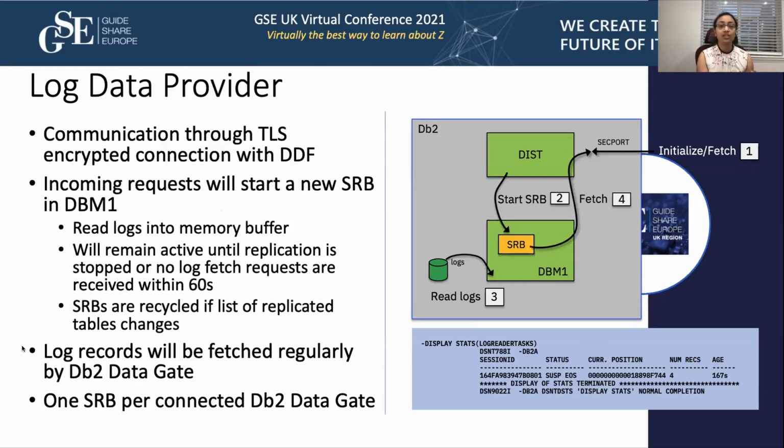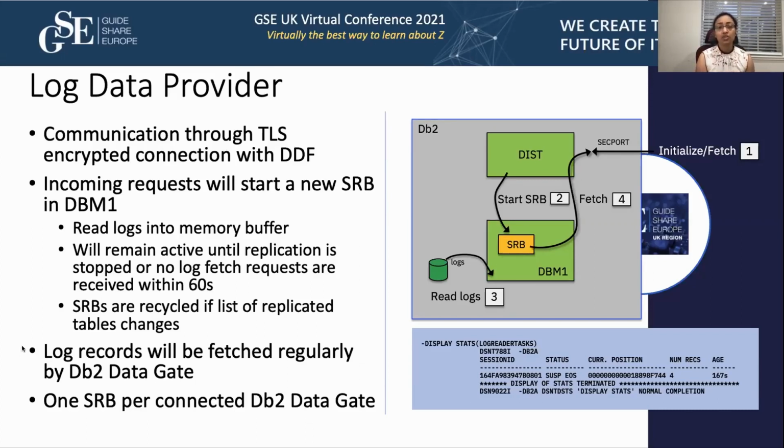Whenever there is a new incoming request, a new SRB is started, and logs are read from the Db2 recovery log into the memory buffer, which totally avoids any disk IOs. The SRB will remain active until replication has stopped or until no further fetch requests are received within 60 seconds.